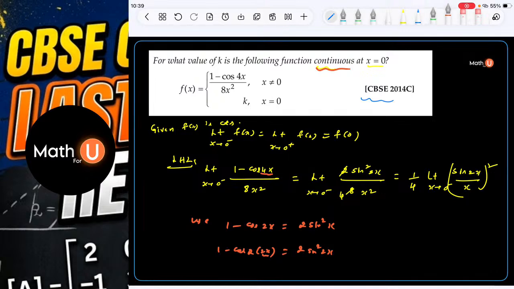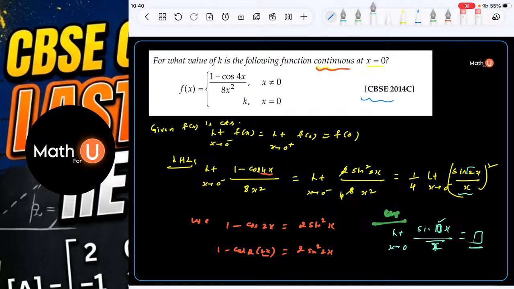Use this formula. Which formula? Limit x tends to 0 of sin of some box by the same box, the coefficient can be anything. If both are the same, this value equals 1. If I cross multiply this box to this side, I get it like this: sin of box x by some x is equal to box.